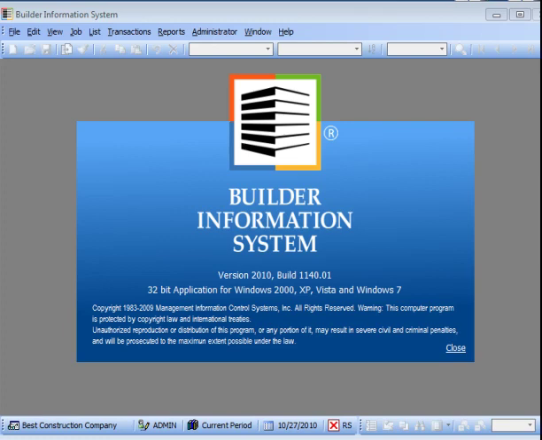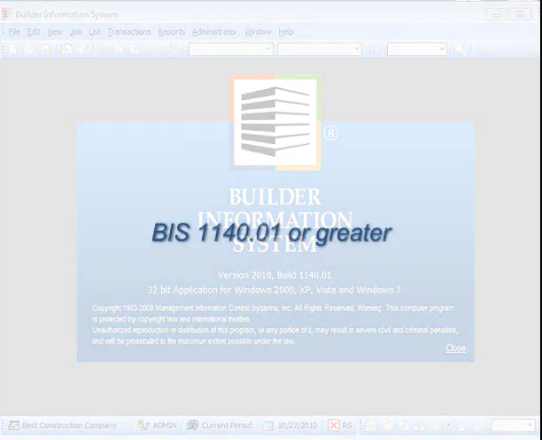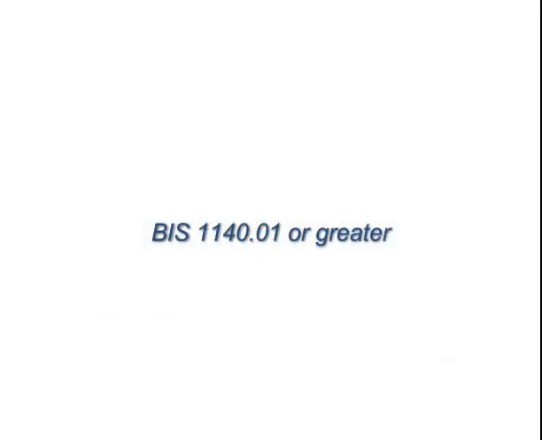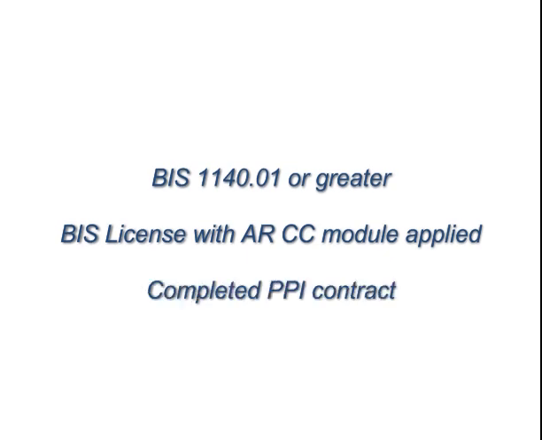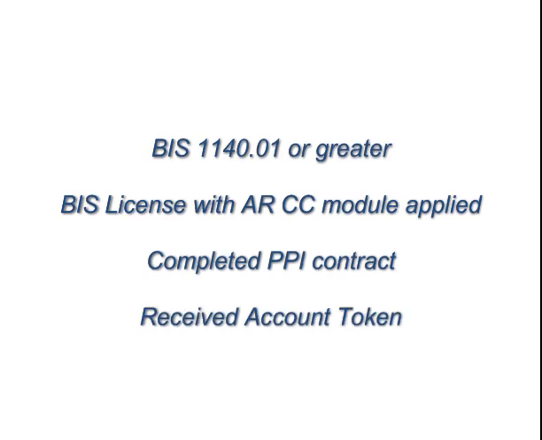Before getting started, to enable and have access to the new Accounts Receivable Credit Card Payment Processing module in Builder Information System requires the following: Builder Information System version 1140 or greater installed, a new BIS license with the Accounts Receivable Credit Card Payment Process module applied within the application, completed PPI's contract process, and received your account token from PPI.